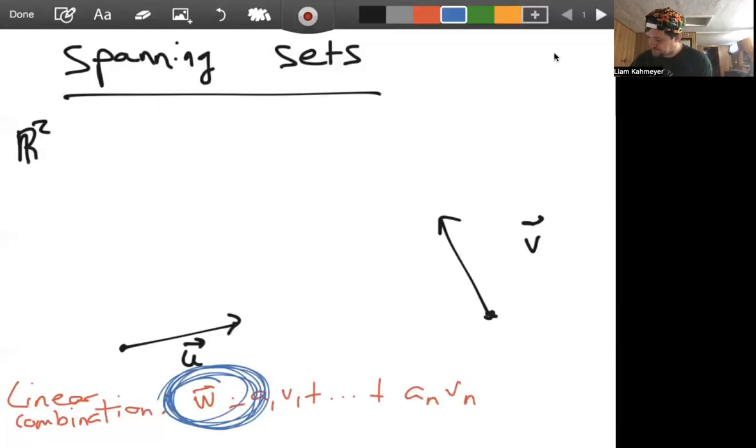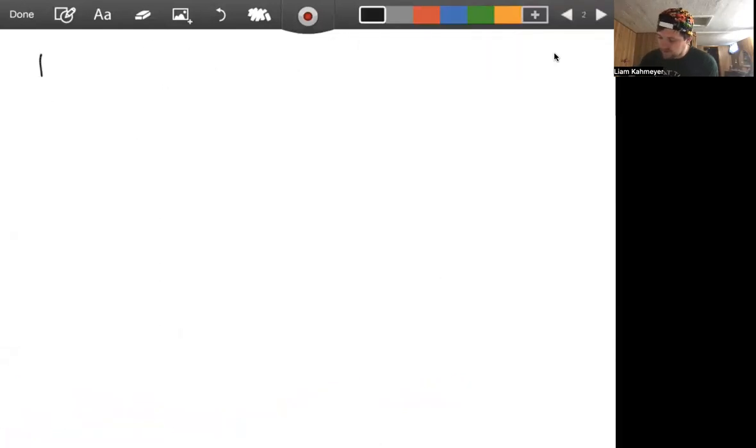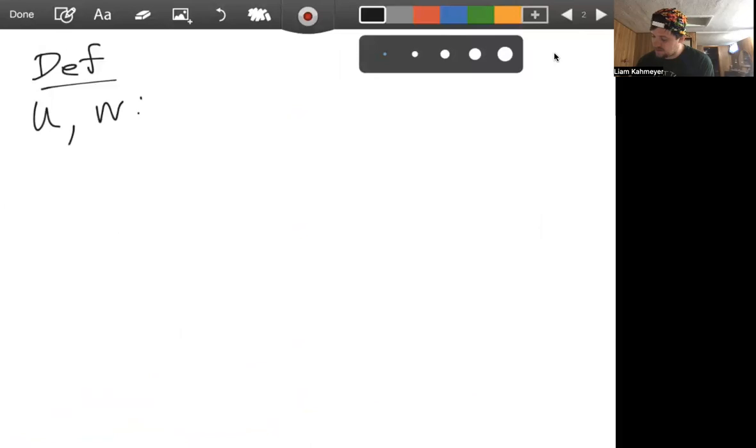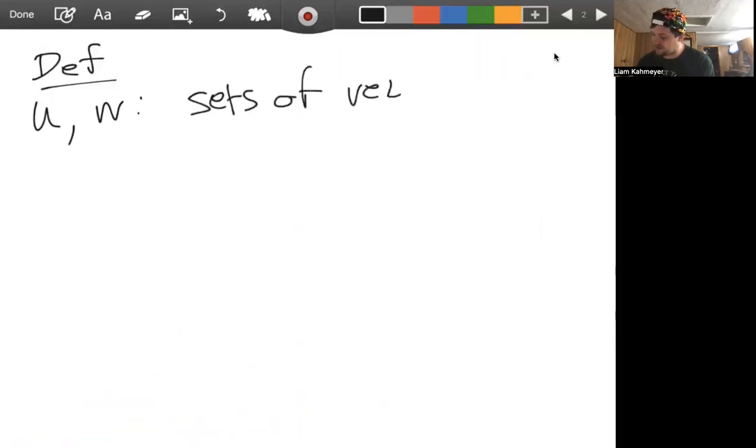And so what do we mean by subspace? Well, let's give a quick definition here. Let's say we have U and W, and let these be sets of vectors in Rn.